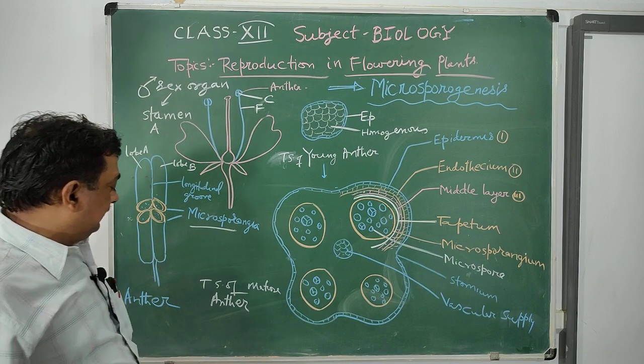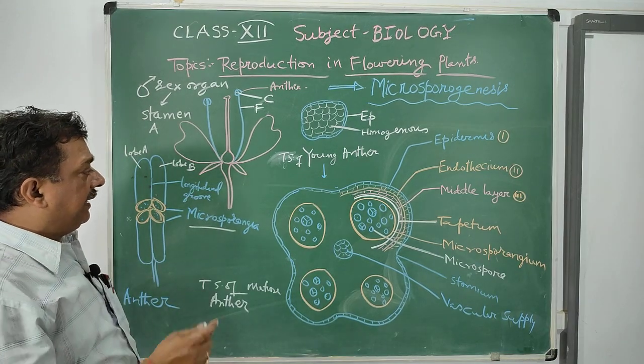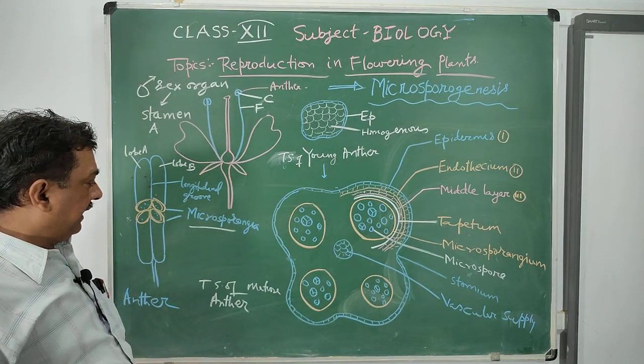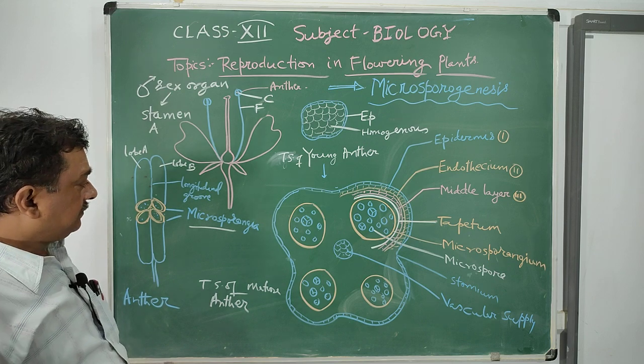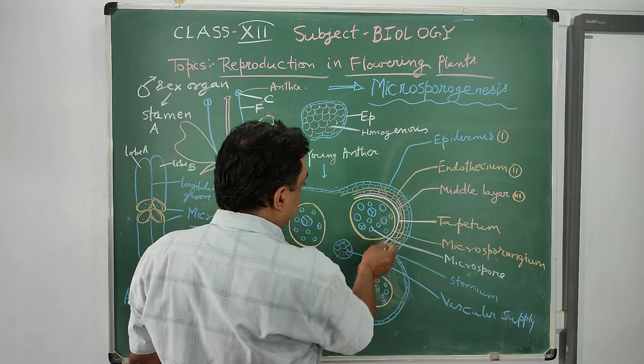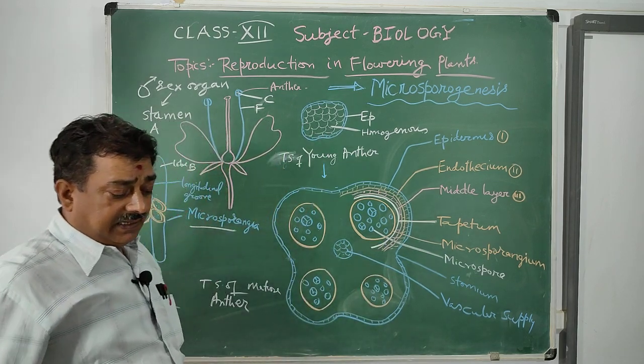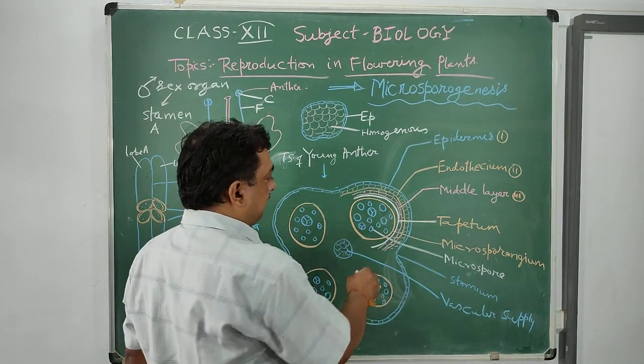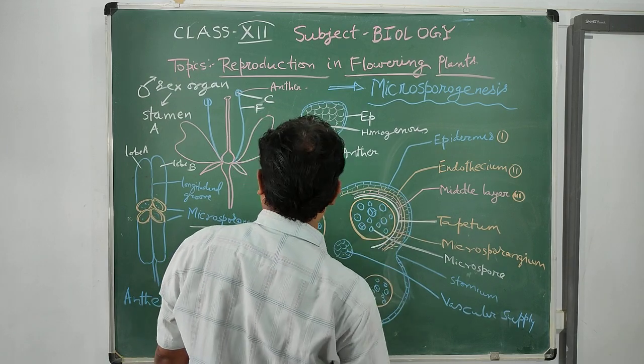In mature anther, there are 4 microsporangia, and each microsporangium is a sac-like structure, and inside the cell, microspore mother cells are found.